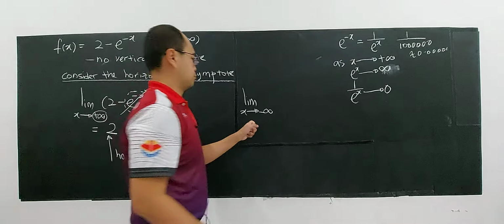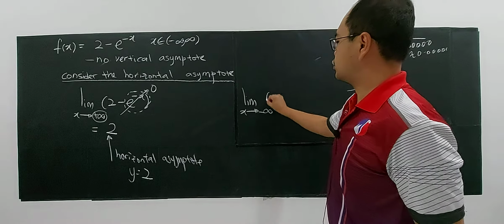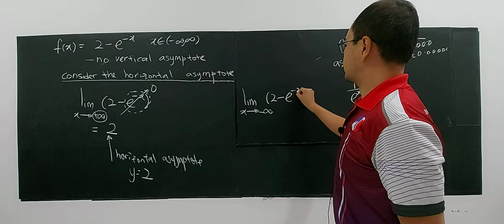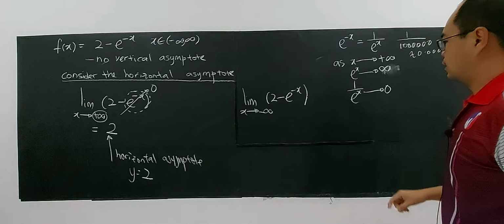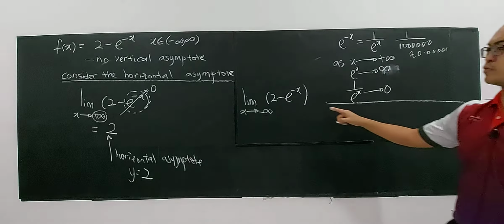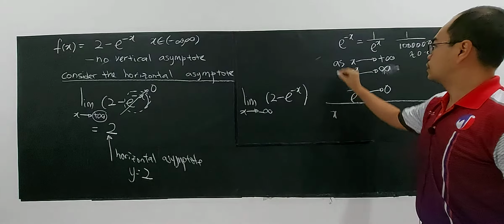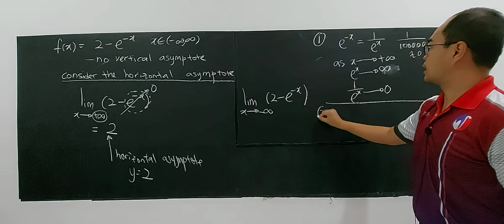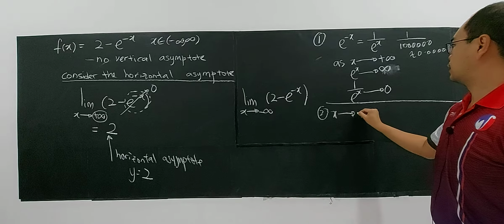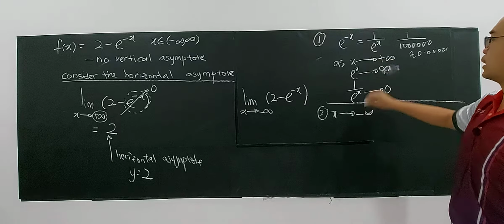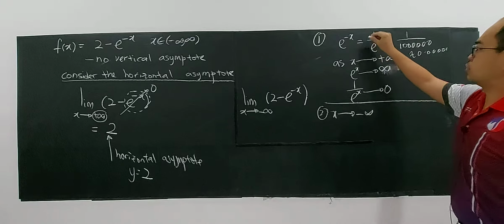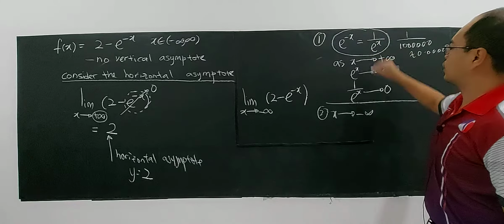How about this one? Is it approaching a value? Let's consider the second case, when x approaches negative infinity. What happens here? As you know, e to the negative x can be written as 1 over e to the x.